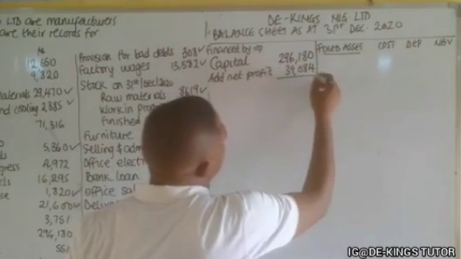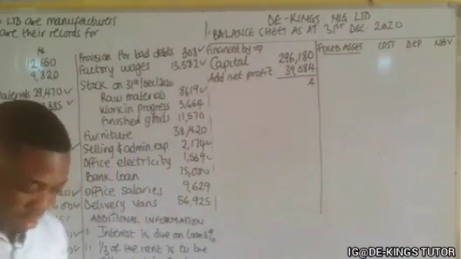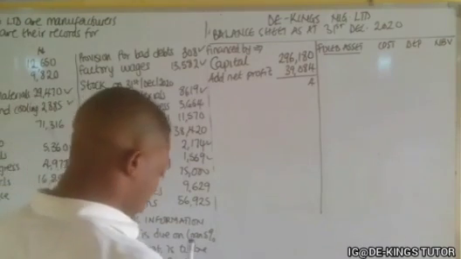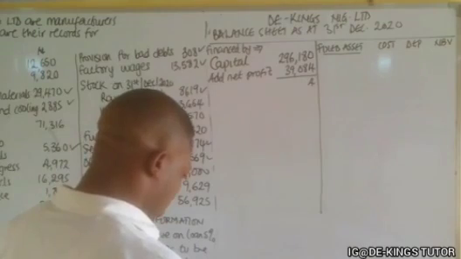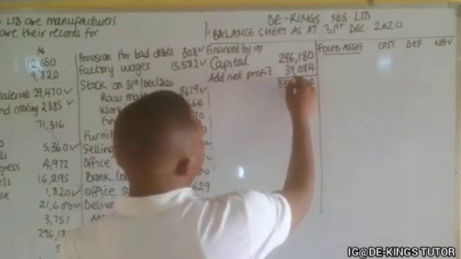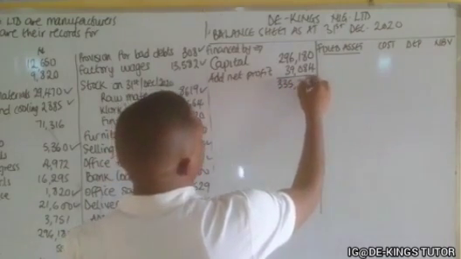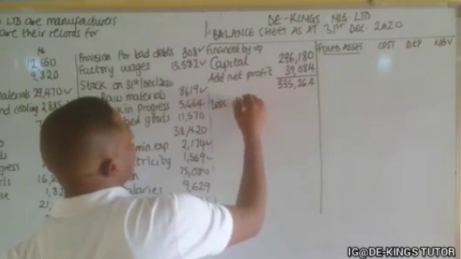So if we add it, we have 296,180 plus 39,084, 335,264.